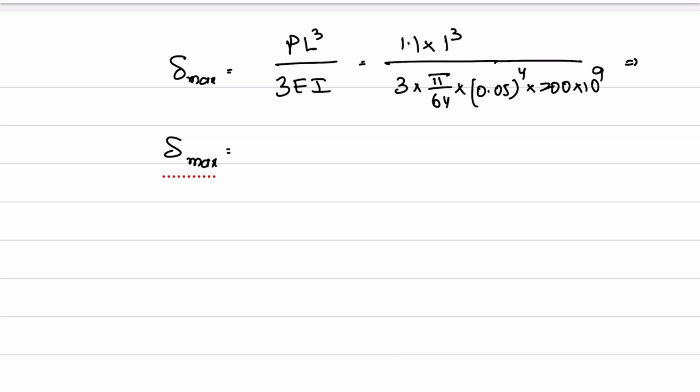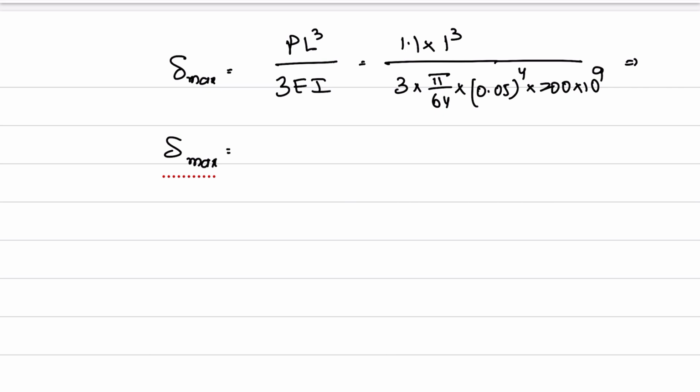1.1 into 64 divided by 3 divided by pi divided by 200 divided by 0.05 divided by 10 to the power of 9.